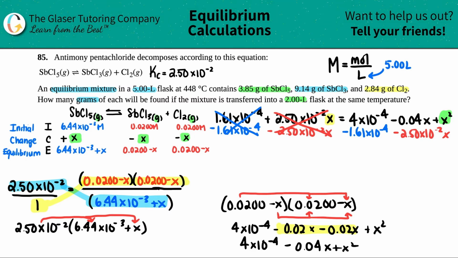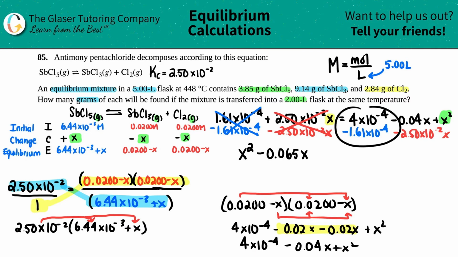And I'm going to just label it as x squared plus x and then the number, right? So the x squared comes first, and it's only 1x squared, so it's just x squared. Now I'm going to just gather up my x values. So it's a negative 0.04 minus 2.5 times 10 to the negative 2nd. So this would be minus 0.065x.